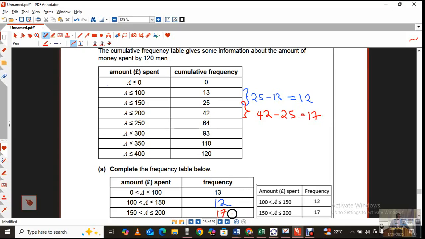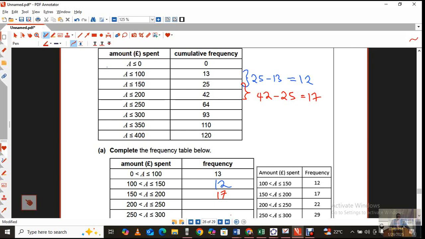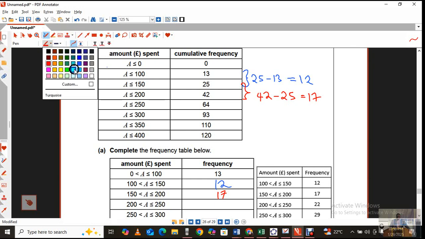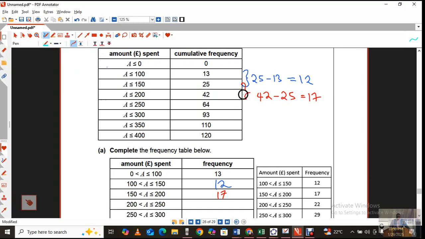The people who spend between 200 and 250 will be 64, take away 42. Okay? If you do that, you get 22. That's where the 22 is coming from.